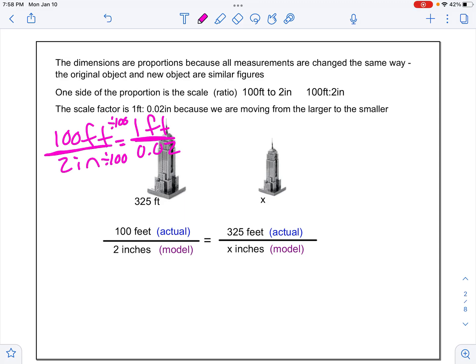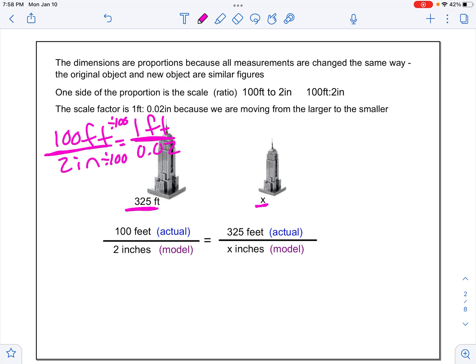So let's take what we know here. Here's that ratio, we've got 100 feet to 2 inches. And so if I had 325 feet, I want to know how many inches I have on the new one.